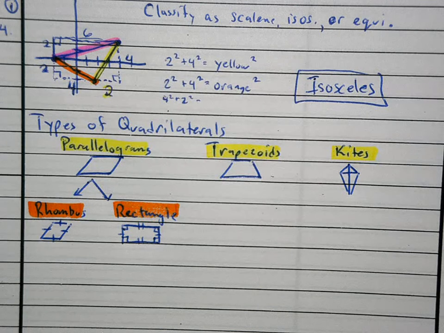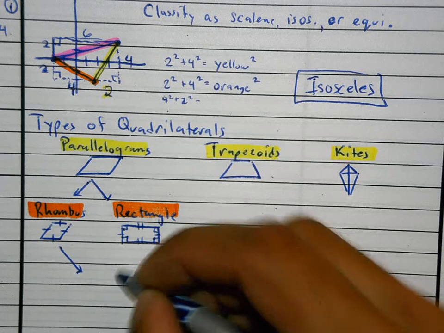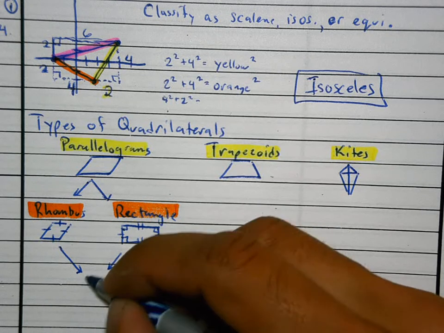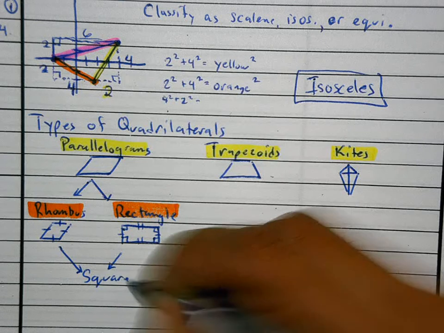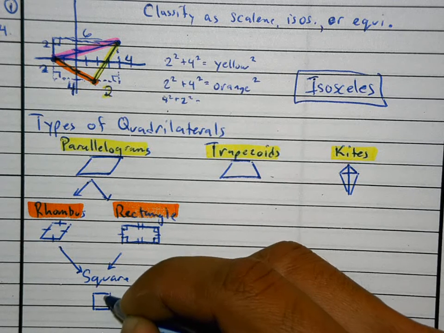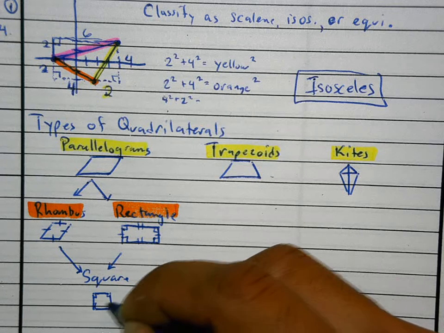And lastly, there's this thing that is a rhombus and is a rectangle. It's called a square. Four sides that are the same and four right angles.